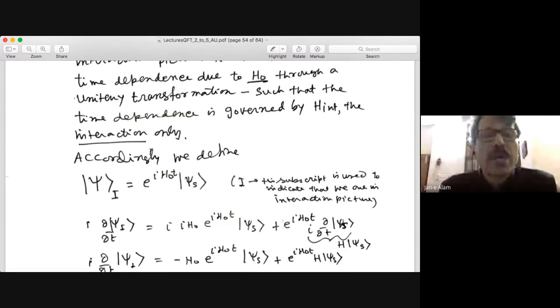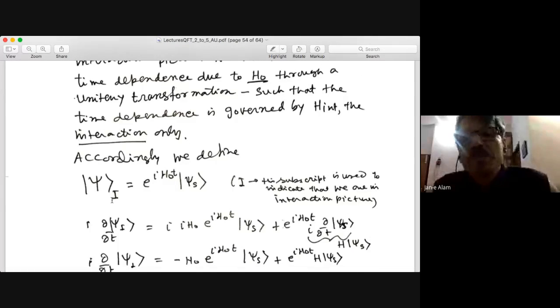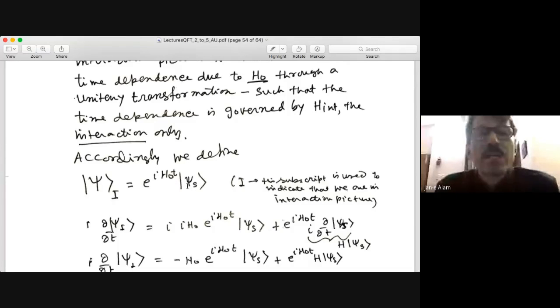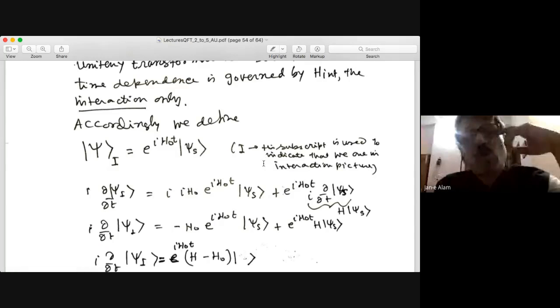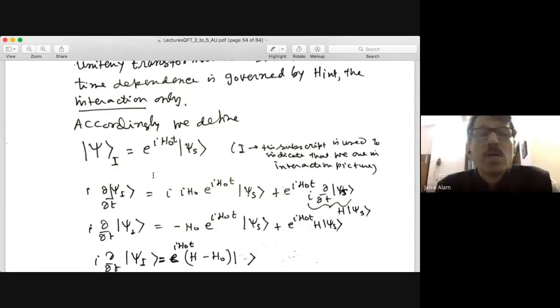So what I defined, the state psi I, it is e to the i H naught t operating on psi S. And this subscript I indicates that you are in the interaction picture, and this picture is also called the Dirac picture. So now what I do, I operate on this psi with i d/dt.